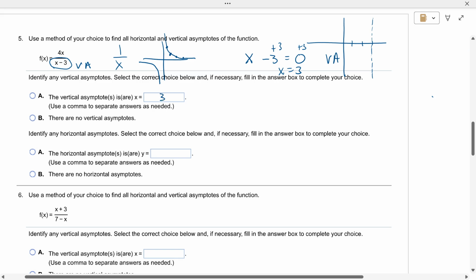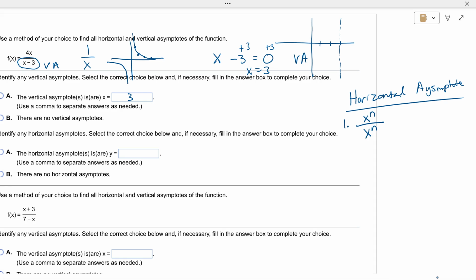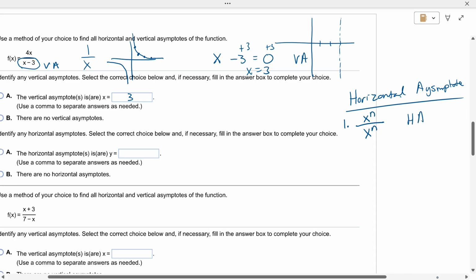Horizontal asymptote, you'll want to write this down. If the power of the numerator is the same as the power of the denominator, if the highest powers are the same in each, then your horizontal asymptote is the coefficients of the highest powers in the numerator and denominator.